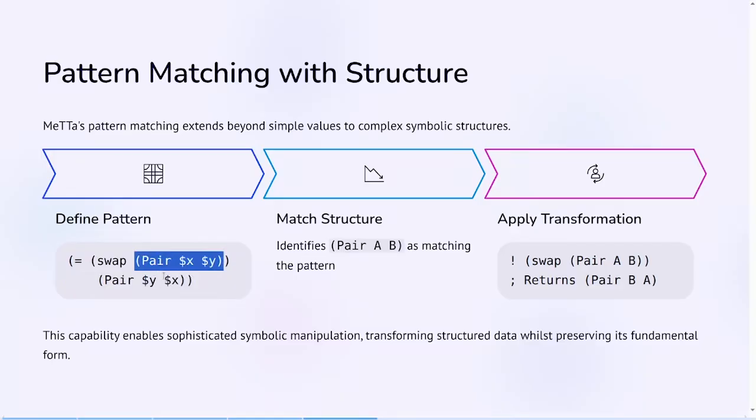So this swap function accepts a pair of two things, a pair of x and y. These x and y can be symbols, can be letters, as we see. Variables can store anything. Then it would return an expression with the parameters flipped. As the name suggests, swap accepts two things and returns the swap of the parameters.